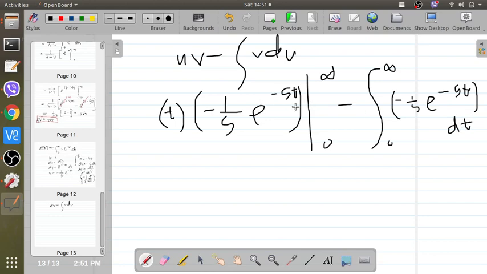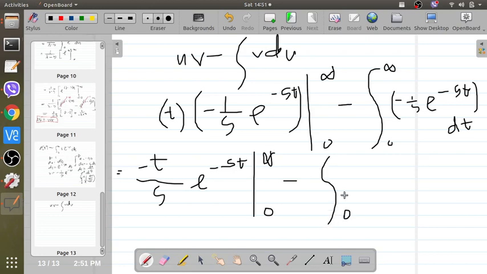So first, isolve sa ni natong equation. So to simplify this, pwede rin nato i-write as negative t over s e raised to the power of negative st from 0 to infinity, minus integral of 0.